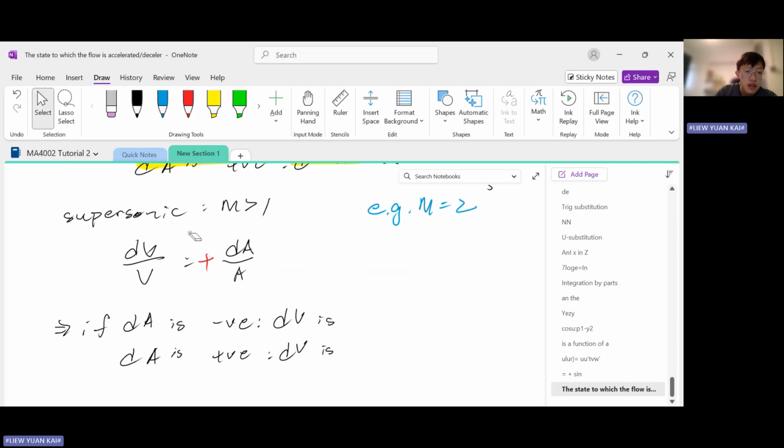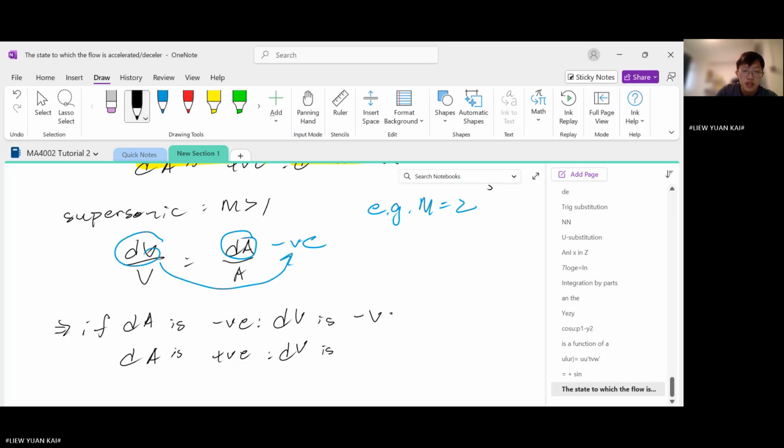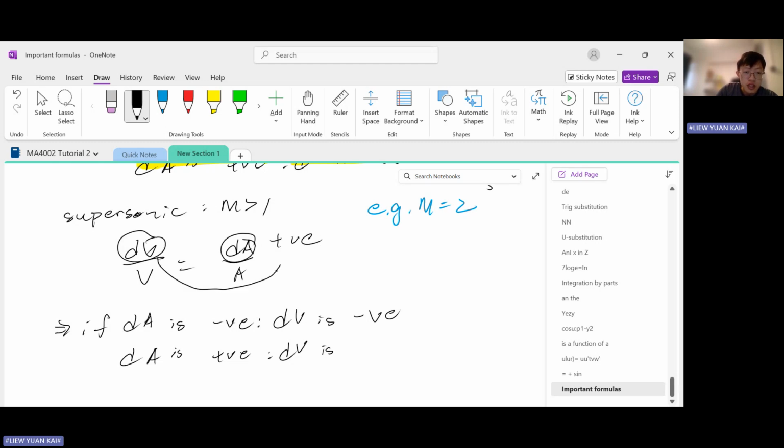When this is negative, dV is negative. Then what happens when dA is positive? When this is positive, then dV is also positive.